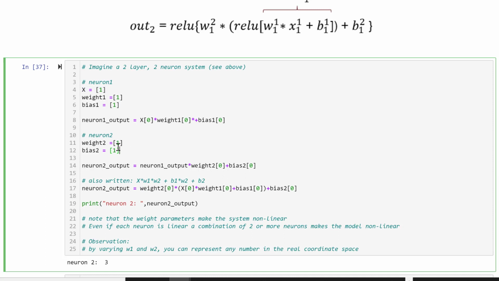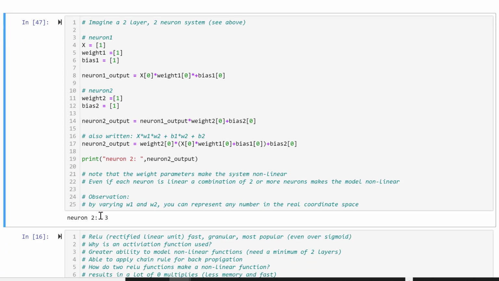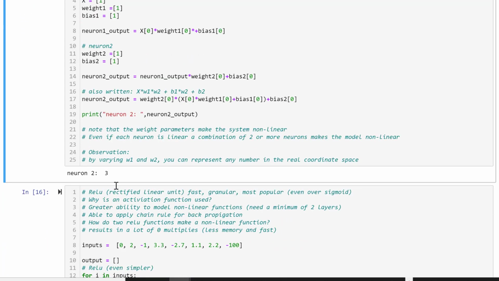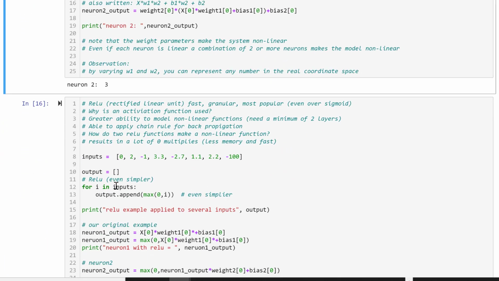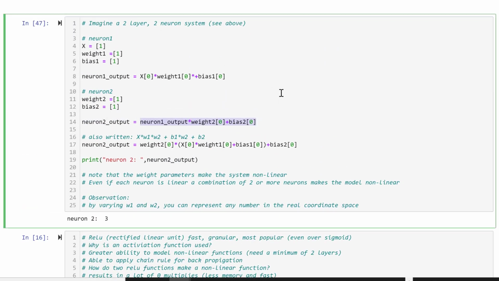So I keep on here. I've got neuron 2, I've got weight 2, bias 2, and so neuron 2 is equal to this equation above: neuron 1 output times the weight plus the bias. Let's go ahead and do that calculation, and we see that neuron 2 has an output of 3. I did not add the activation function to this, so this is the first example above.